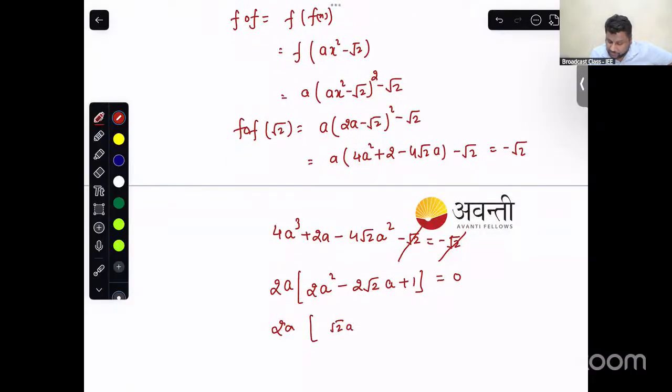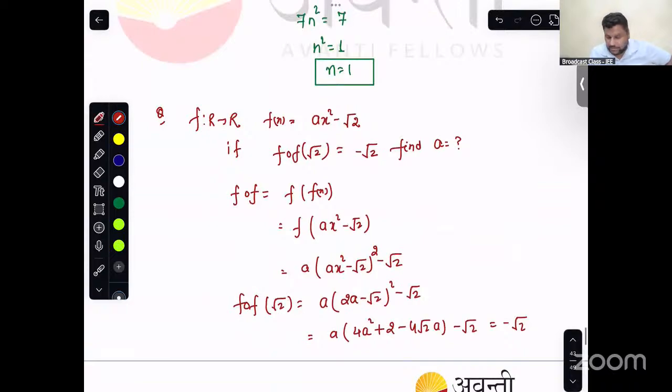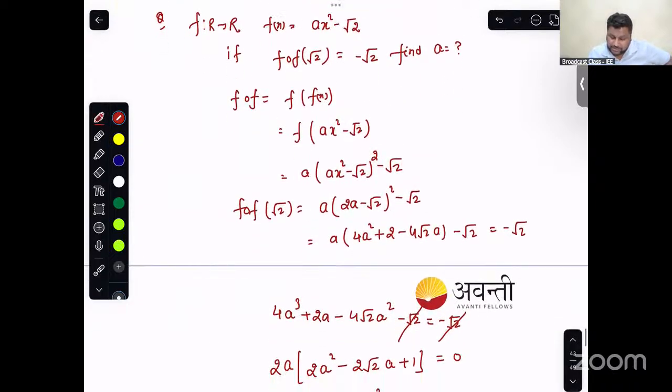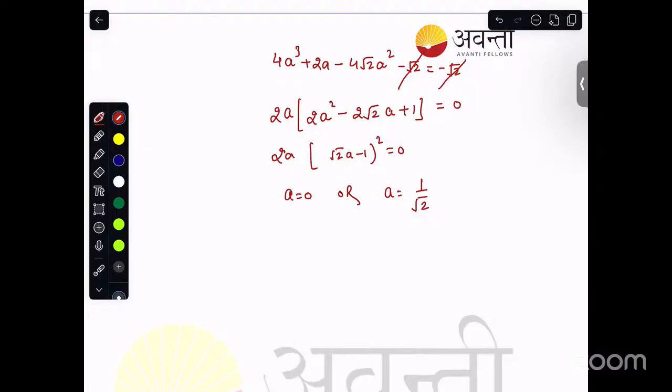This will become a times (root 2 a minus 1) whole square equals 0. Now either a is 0, nothing is mentioned, so that also works, or a is 1 by root 2. Am I correct? Yes, sir. Very good. Have a look.